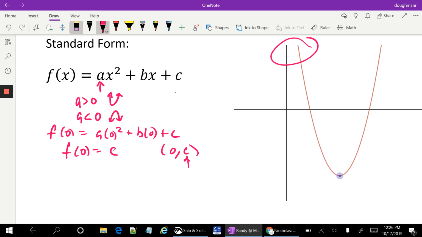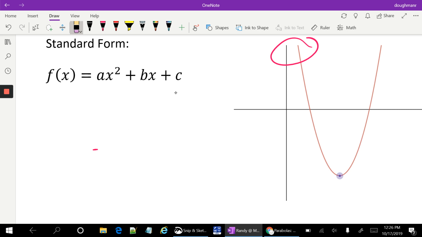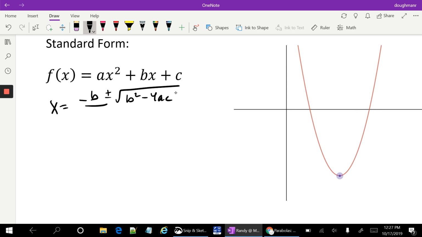All right, I'm going to erase that stuff. The next thing we know is recall that these 2 points here, the x-intercepts, or the zeros, right? We could calculate them using this formula. x equals the opposite of b plus or minus the square root of b squared minus 4ac all over 2a.